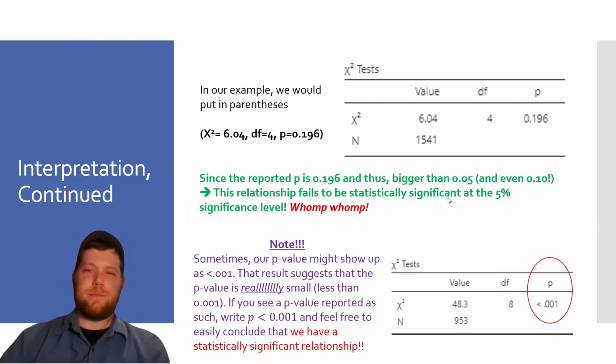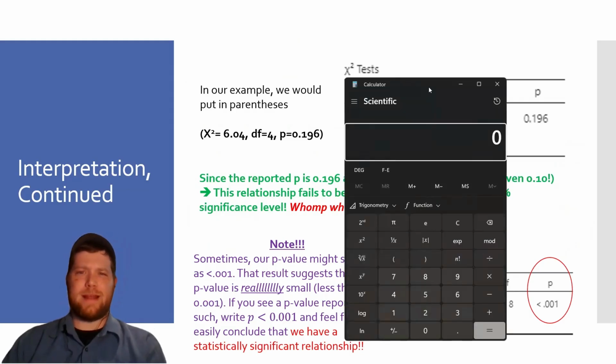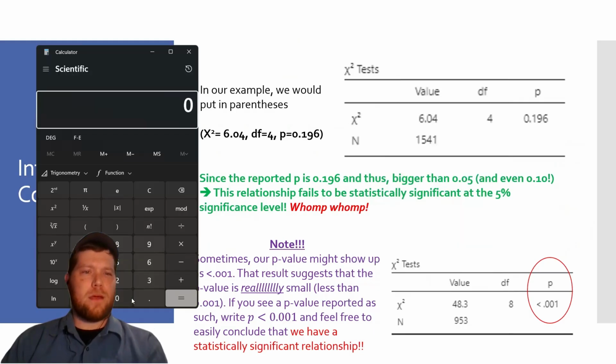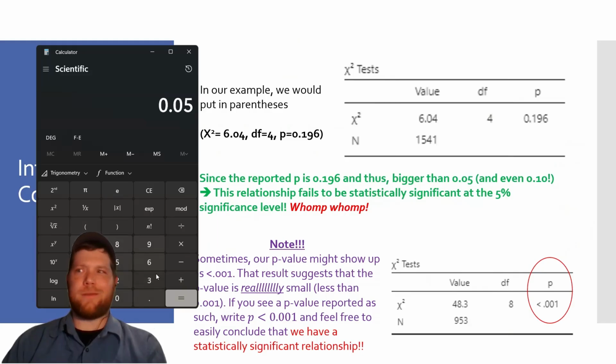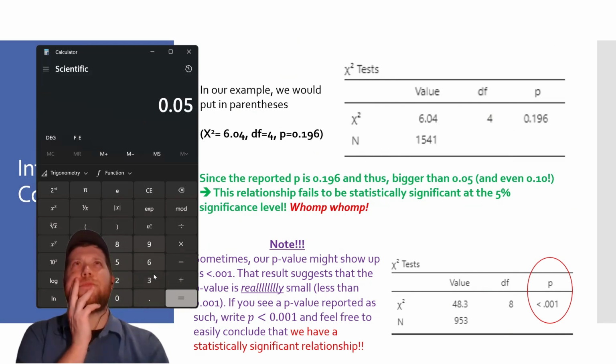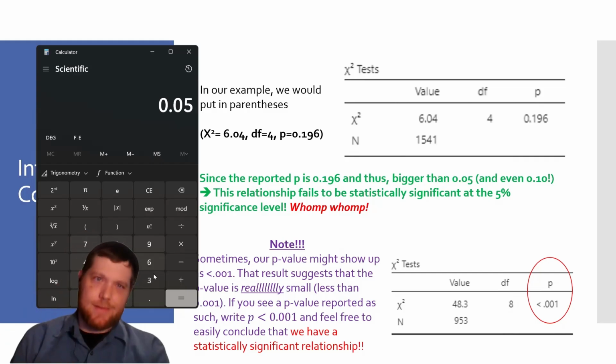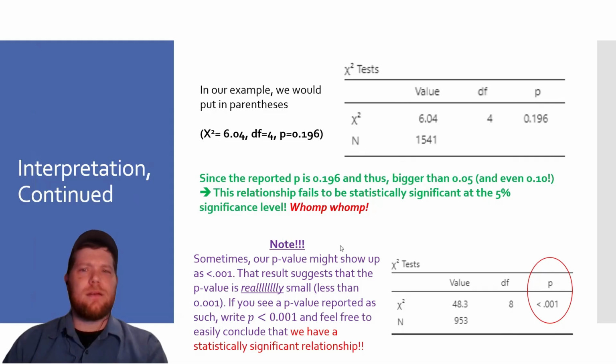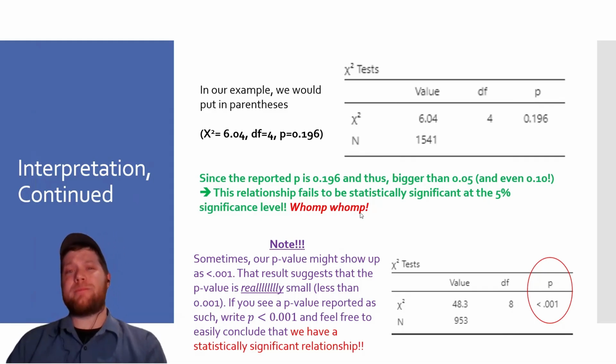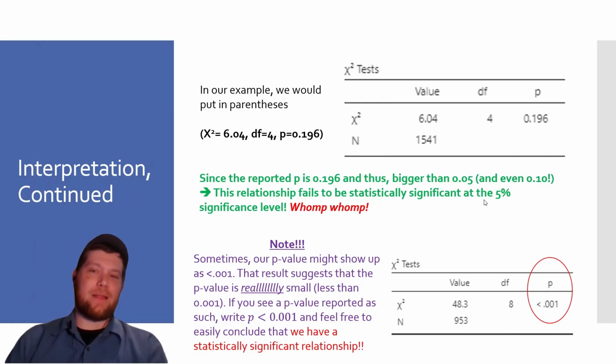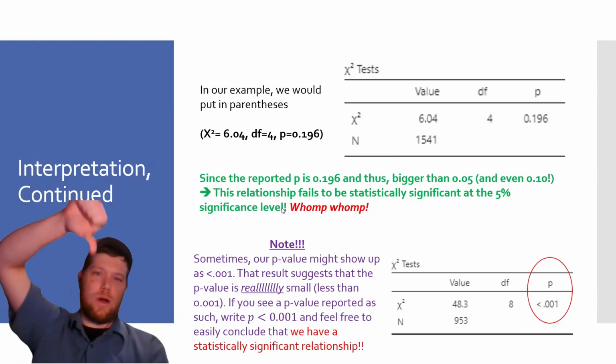It's not really difficult, but bust out a calculator: 0.196 compared to 0.05. It's 19.6% compared to 5%. Because it's bigger than 5%, even bigger than 0.10, this relationship doesn't seem to be statistically significant. It's too big, at least at the 5% significance level.